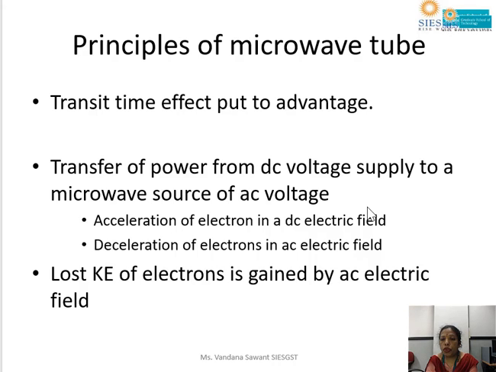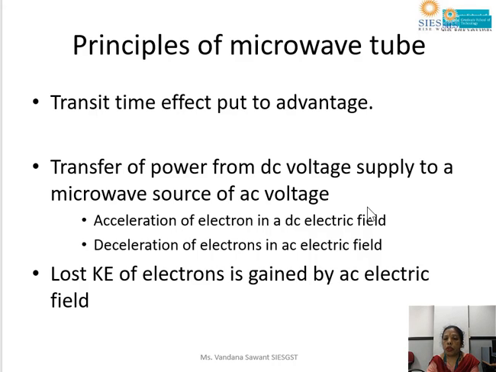Now we will move further in the generation of a microwave source. We know the basic principle of a microwave tube: it should use the transit time effect in a more intelligent way, as well as convert the DC voltage supply to AC voltage.